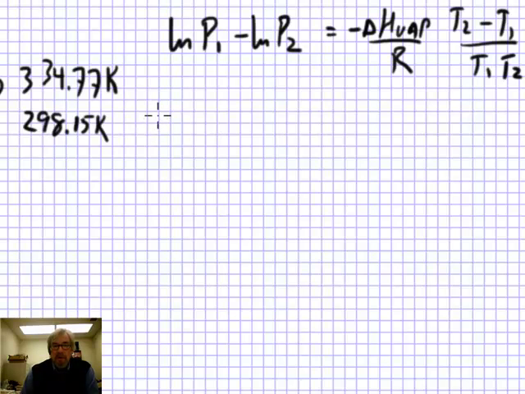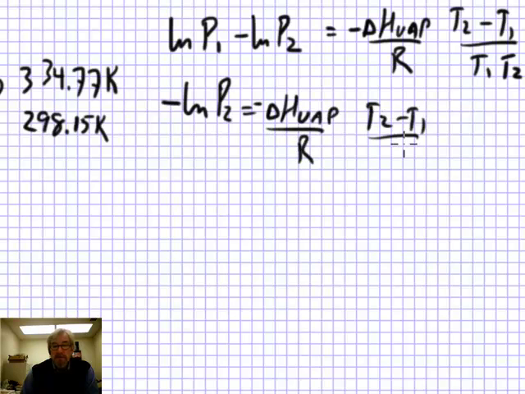I can subtract ln P1 from both sides, and this leaves me with minus natural log of P2 equals negative delta HVAP over R times T2 minus T1 over T1 T2 minus the natural log of P1, because I subtracted that from both sides. I'll divide this equation through by -1, so it's positive natural log of P2, positive delta HVAP over R, and plus natural log of P1.